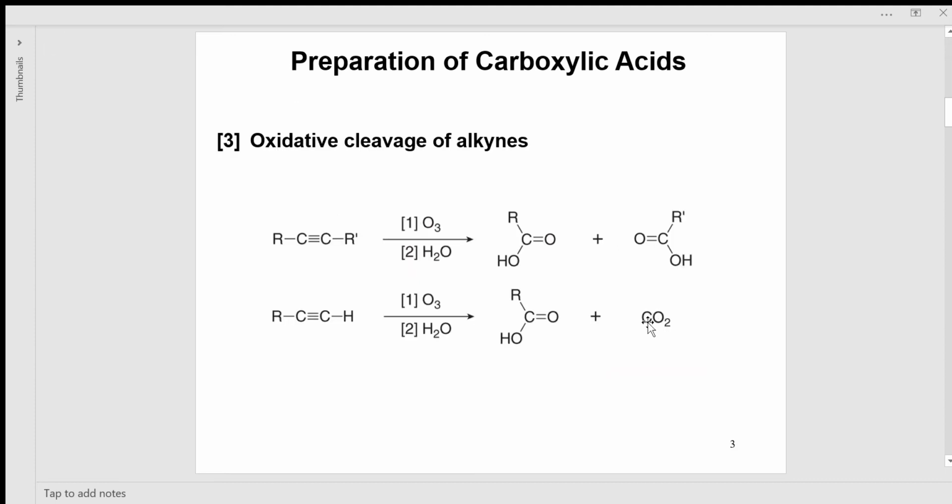The third reaction we learned is also an oxidative reaction, because for the acid group we have carbon-oxygen bond 1, 2, and 1, so totally we have 3 carbon-oxygen bonds in the structure of a carboxylic acid.